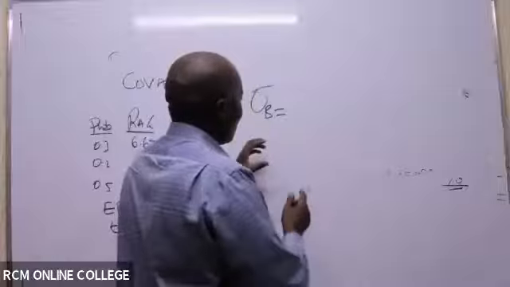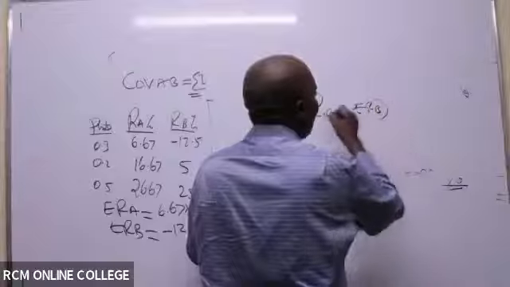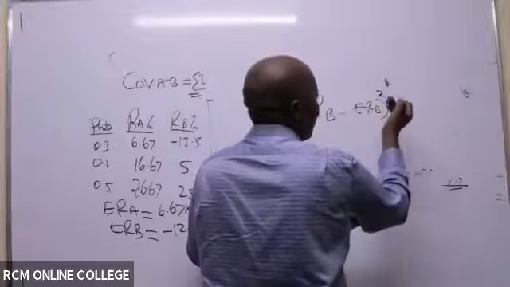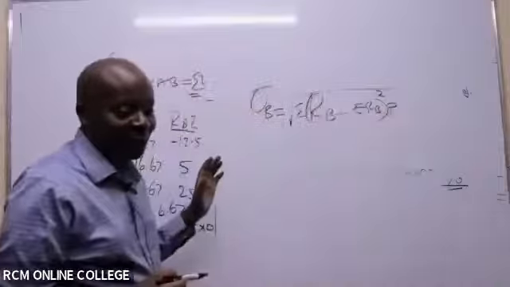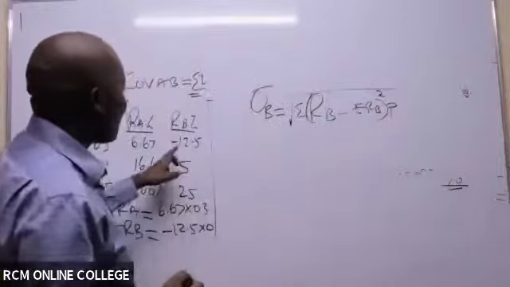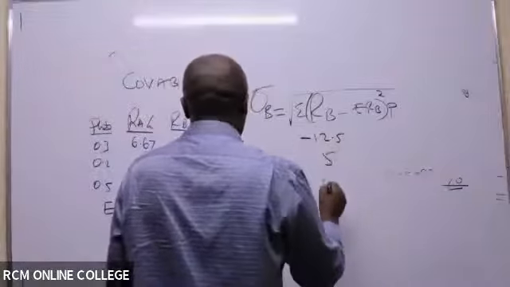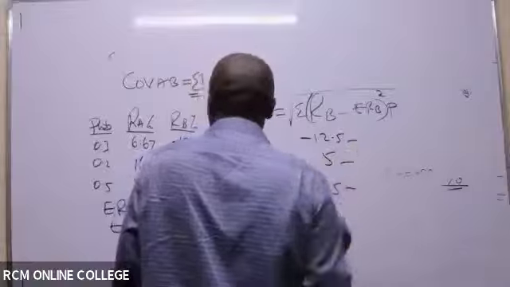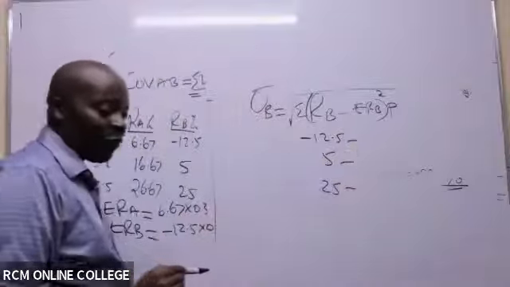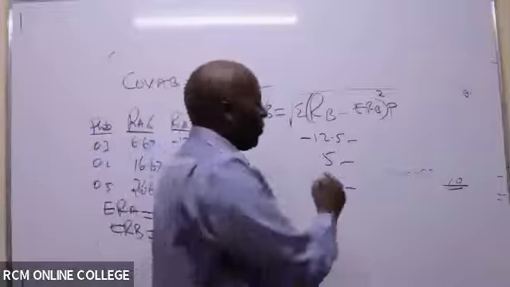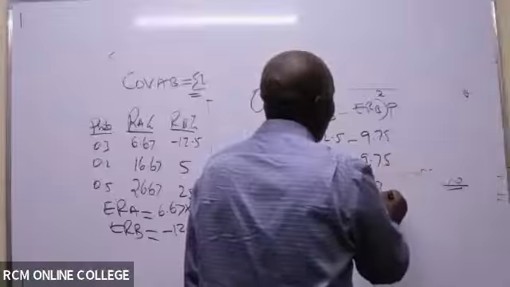It is standard deviation. So it is RB minus, in this case here, expected returns of B. So square them, times probability, sum, and square root like that. Returns of B are given here: minus 12.5, then we have 5, then we have 25, minus expected returns of B, which is 9.75.